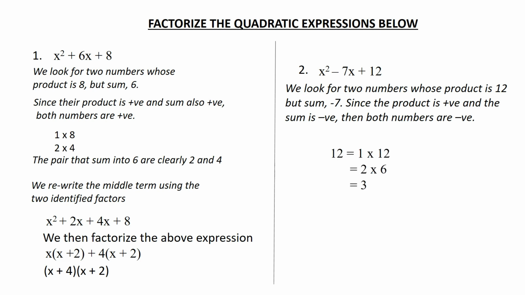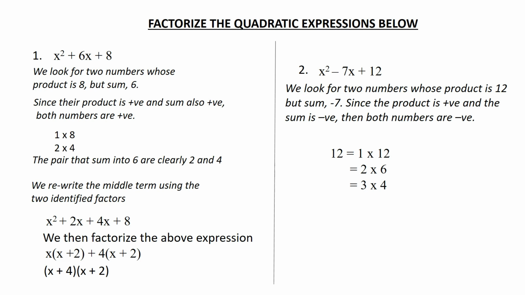So let us think about it. Of these two numbers, we expect that we'll add them and get negative 7. That means both of them must be negative. Looking at what we have, it can only be 3 and 4, because negative 3 plus negative 4 will give us negative 7. So we're going to rewrite the middle term, negative 7x, using negative 3x and negative 4x.